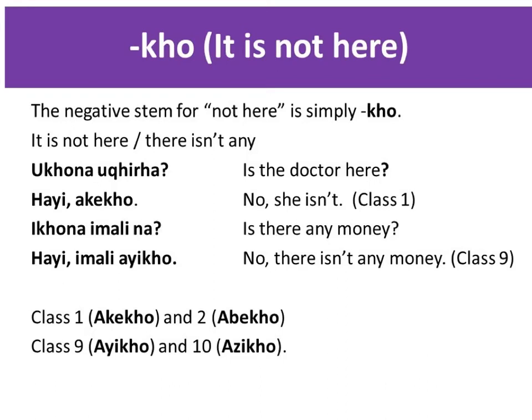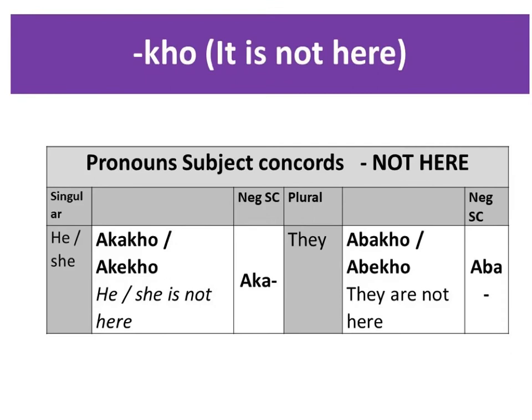So let's just look a little bit through our subject concords again. Here are our negative subject concords for he or she. Remember, the negative subject concord is aka, but quite often they also use e. So akekho is sort of a colloquial derivative of that, but you can also say akakho, and both mean he or she is not here.